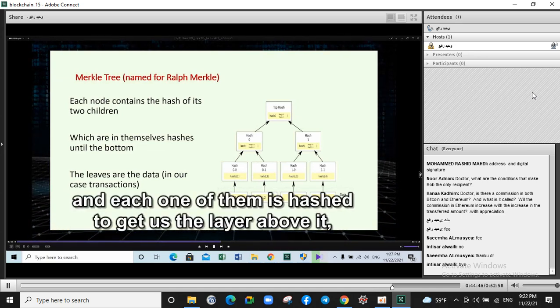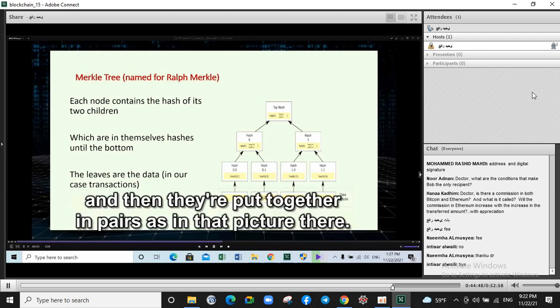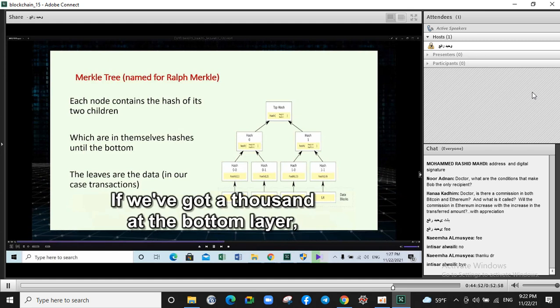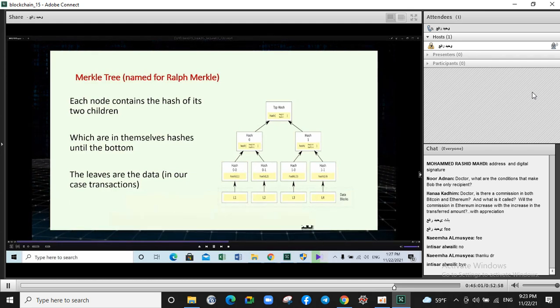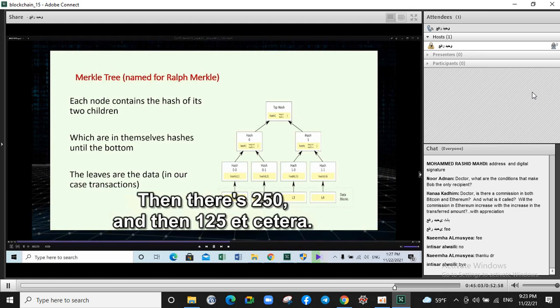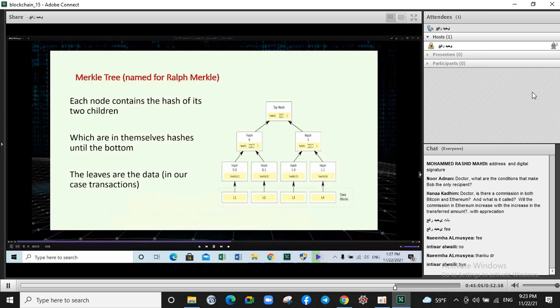So we've got 1,000 at the bottom layer. We've got 500 pairs in the layer on top of it, right? We just put them together. Then there's 250, and then 125, etc. Yep. Okay. So there we go. Good. Okay. So the hash in the top node represents the whole tree.